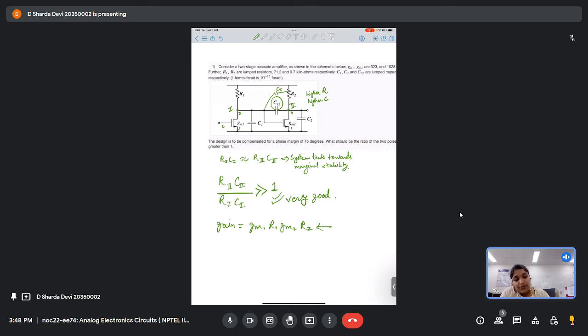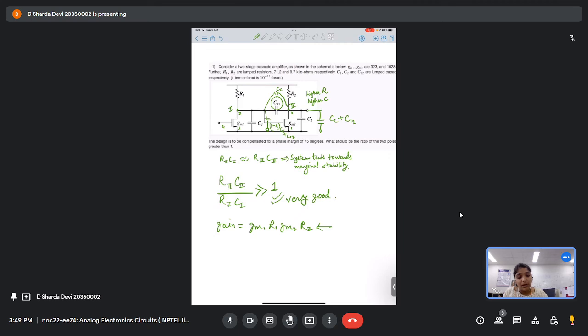This capacitance will again show a similar Miller effect. So this will again appear here as 1 minus A times Cc plus C12, and here it will appear as almost close to 1 times, so I'm writing C1 plus Cc plus C12.